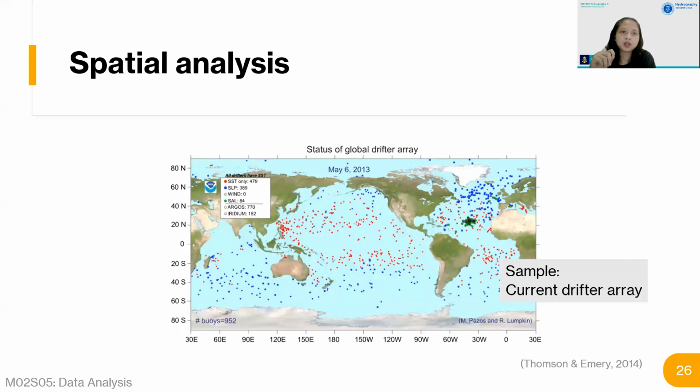And the last one is going to be your spatial analysis. So I told you before that it's a lot better when you've got more current drifters, when you want to see a spatial analysis from data, not from a model. So this is basically the global status of the drifter array. This is owned by NOAA, or the American National Oceanic and Atmospheric Administration, I guess.